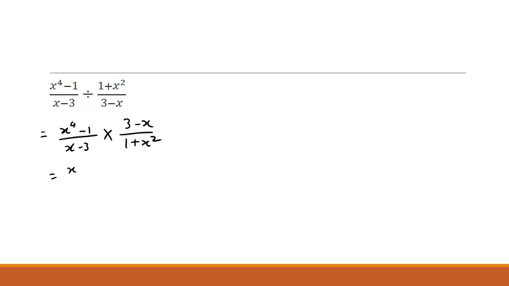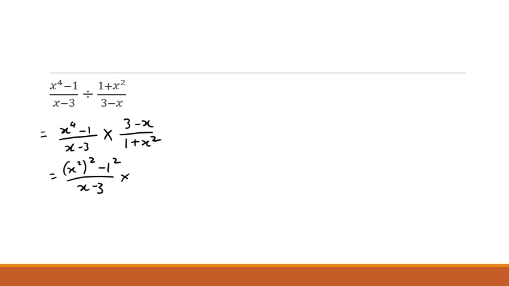We have x squared like so, minus 1 squared, because I notice that on this particular one, that's a difference of 2 squares, so I'm going to write them out as difference of 2 squares. You might also notice at the bottom here and the top there gives you x minus 3 and 3 minus x.